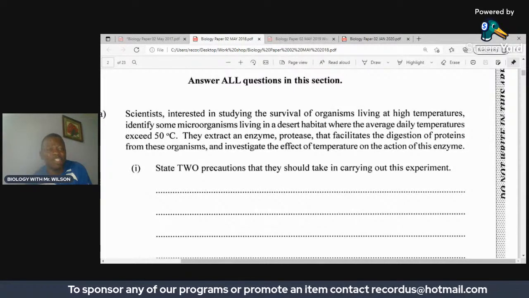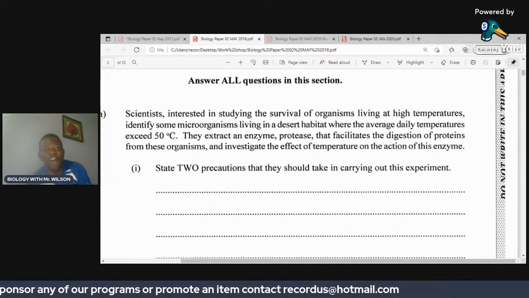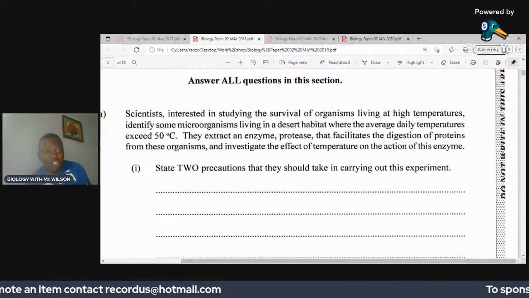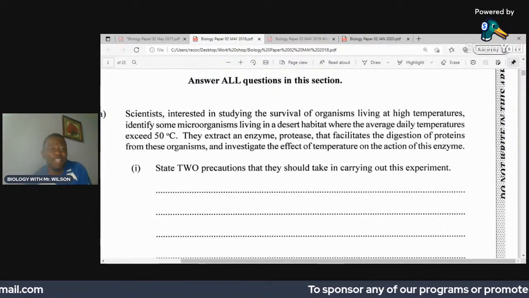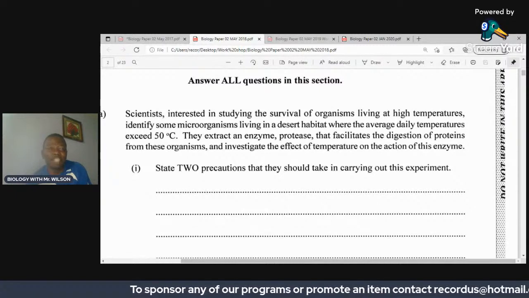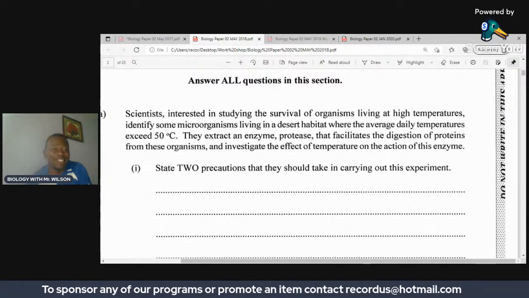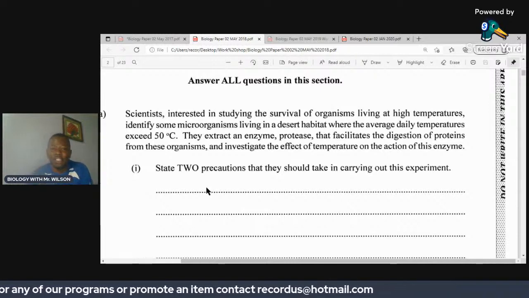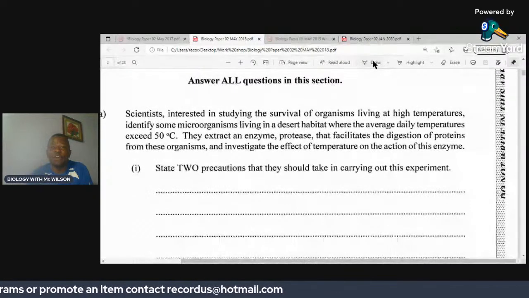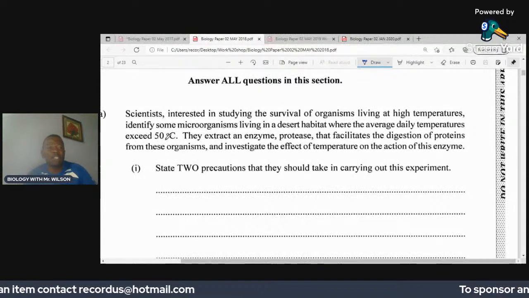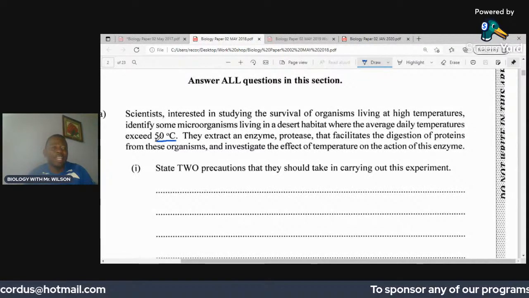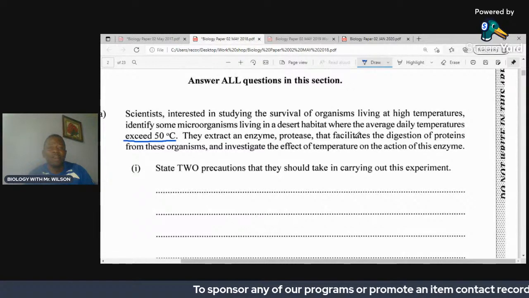Now, scientists interested in studying the survival of organisms living at high temperatures identify some microorganisms living in a desert habitat where the average daily temperature exceeds 50 degrees Celsius. I am seeing some clue here, so I want to start looking at the clues. It exceeds. There must be some reason why they are using this word exceeds, right?